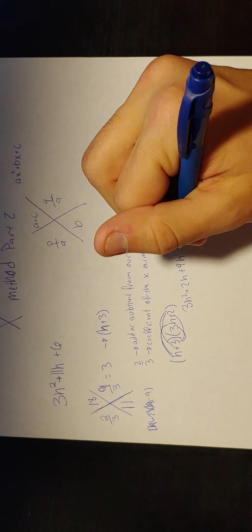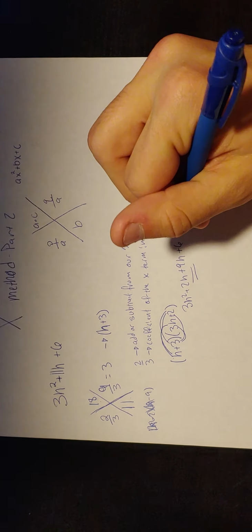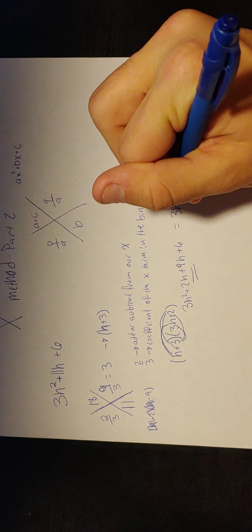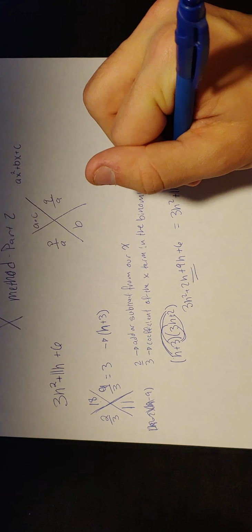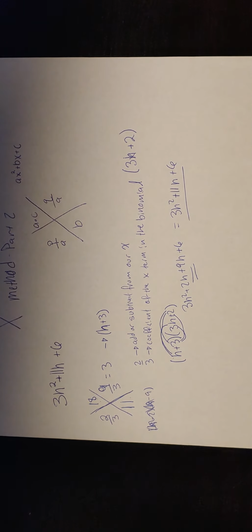And then 3 times 2 is 6. So again, just combining middle terms, I have 3h squared plus 11h plus 6, which matches up with our original trinomial. So that means that we factored it correctly using our x method.